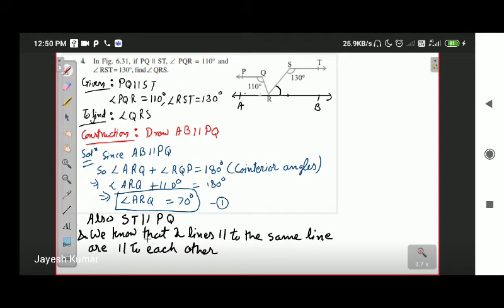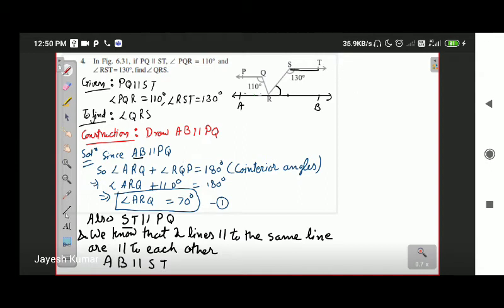Which two lines are parallel to the same line? Line ST is parallel to PQ, as well as line AB is parallel to PQ. So you have AB parallel to ST.